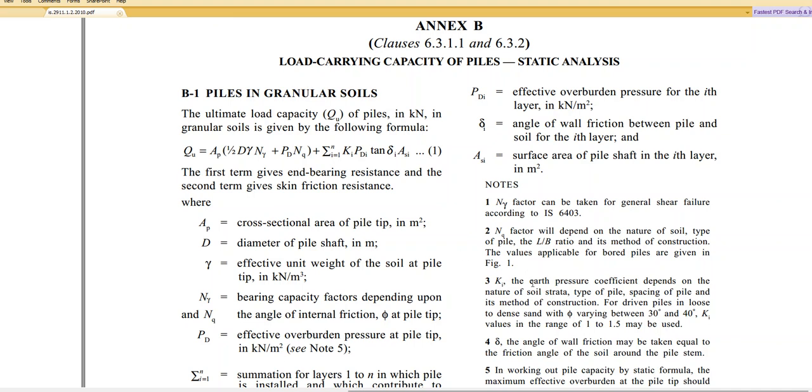Ki is the earth pressure coefficient. Point number 3: we have to see the earth pressure coefficient depending on the nature of the soil strata, type of the pile, spacing of the pile, its method of construction. For driven piles in loose to dense sand, phi varying between 30 and 40 degrees, Ki values in the range of 1 to 1.5 may be used.